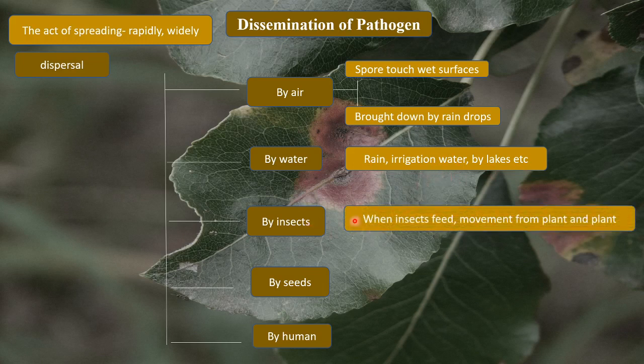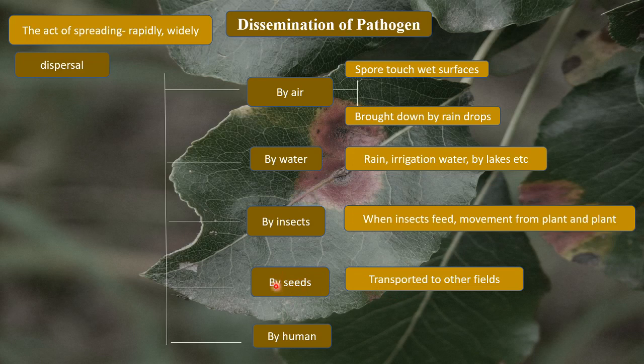The other way is by insects, right? Insects or birds feed upon the plant, and when they feed, sometimes the spores, the inoculum, attach to them, and these insects move from one plant to another plant, and that way they can disseminate the pathogen. The last is by seeds.